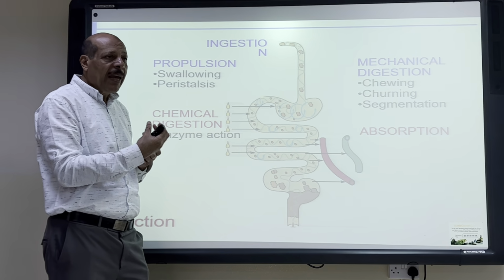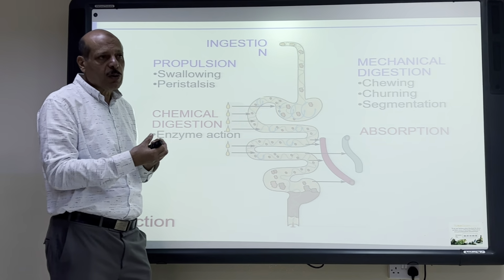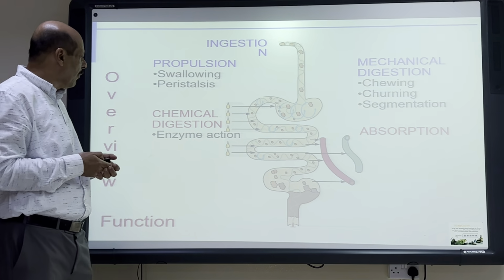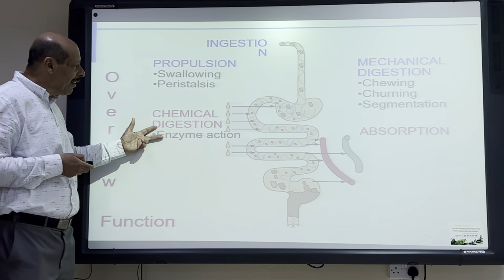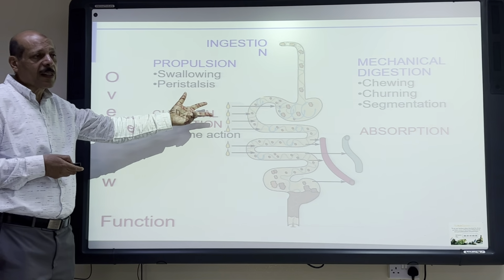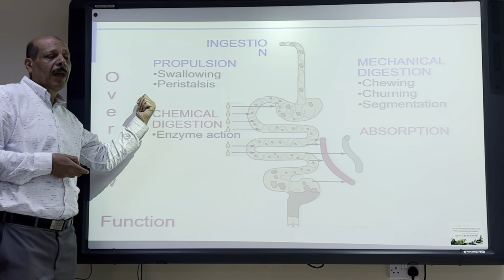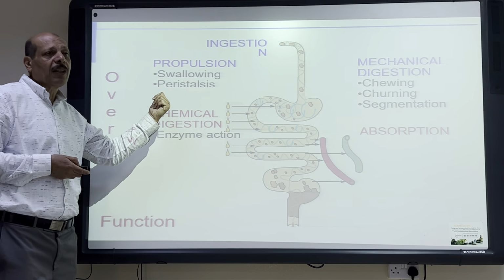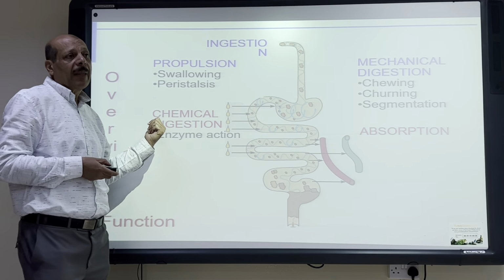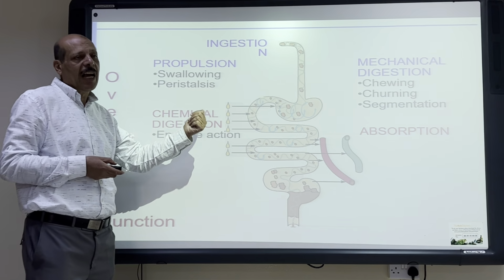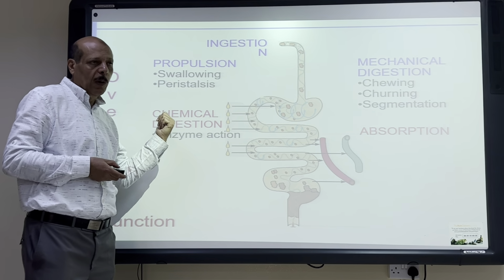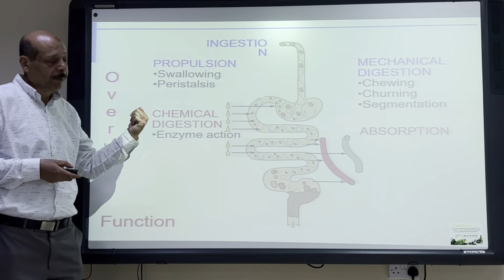So it will form the stool, and it will help in the passing of that stool. The chemical reaction in the small intestine is through the enzymes, through the secretion of the pancreatic enzyme and the bile salt from the gallbladder.